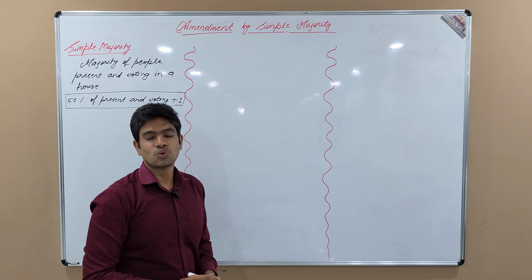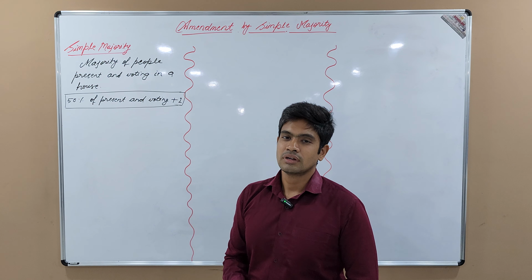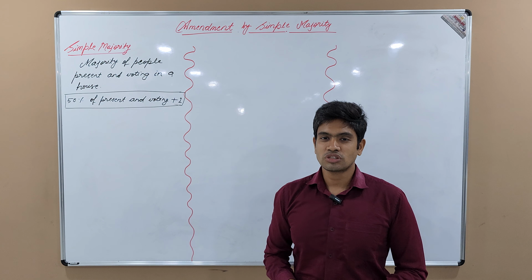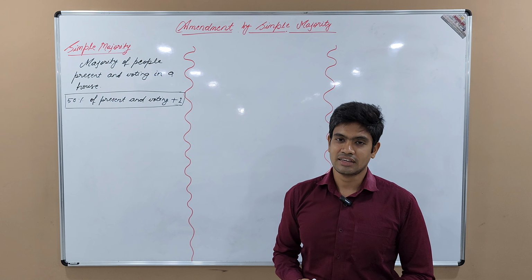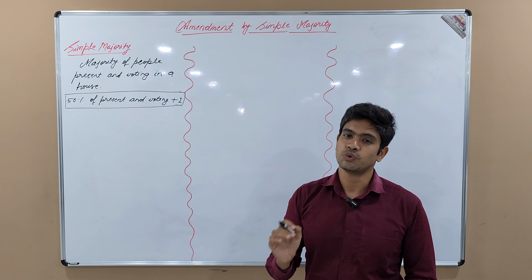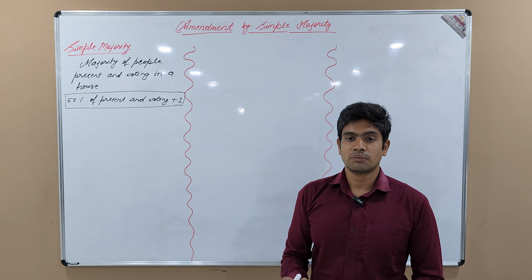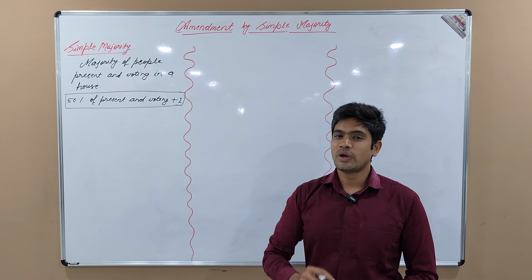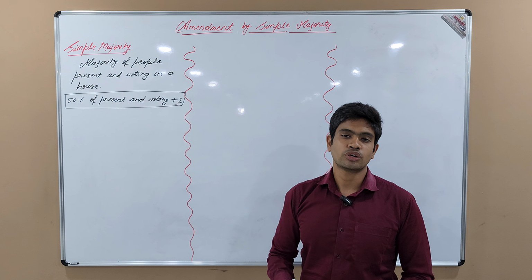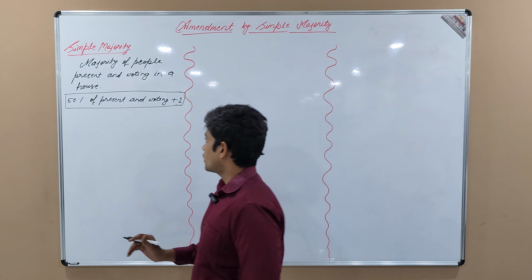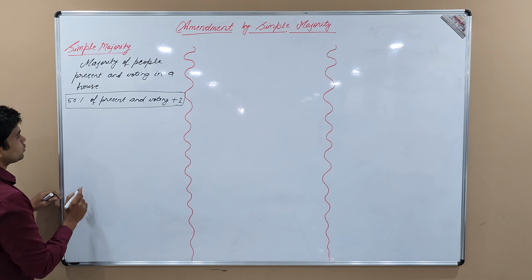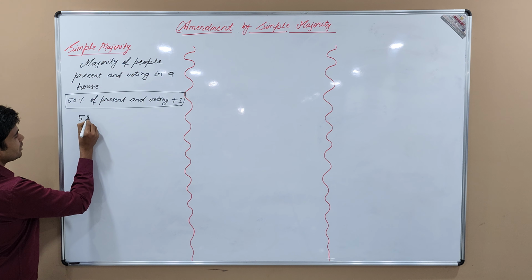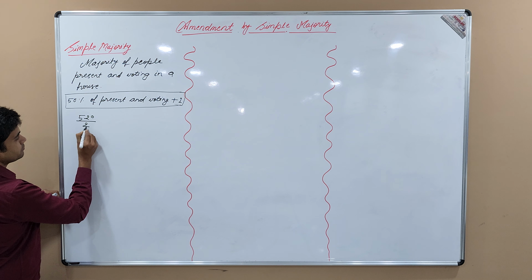Let's understand it through one example. Suppose the total strength of Lok Sabha is 552. Let's assume that 520 people are present and voting. So when I say simple majority, I am talking about 50% of 520 people.